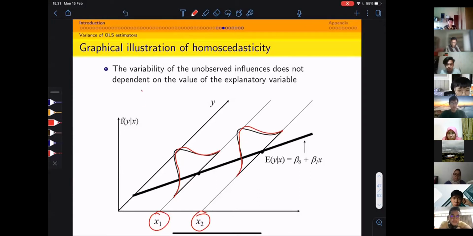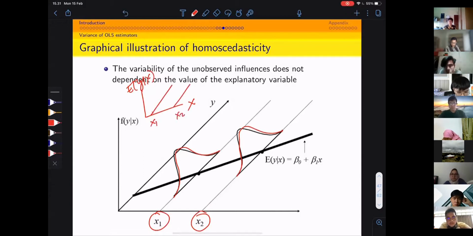Suppose this is x and this is the expected value of y conditional on x. Suppose that for x1 the distribution is very narrow, but for x2 the distribution is very wide.